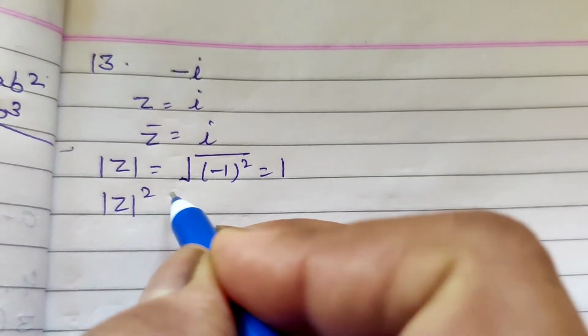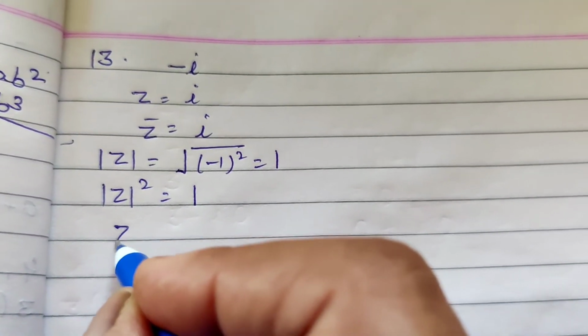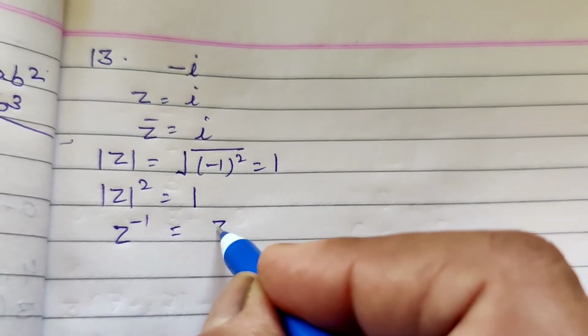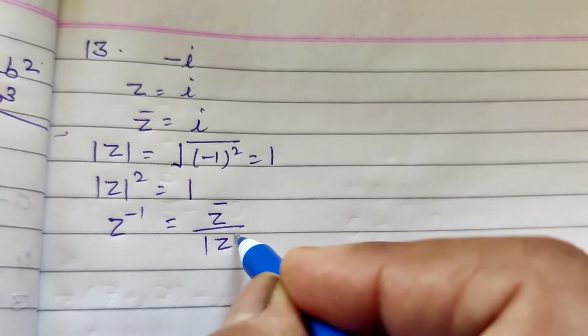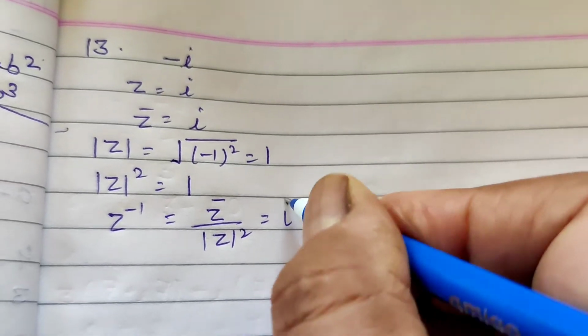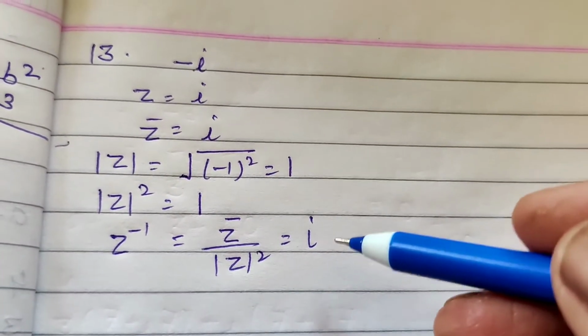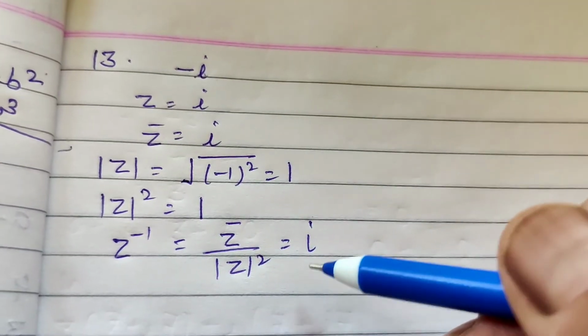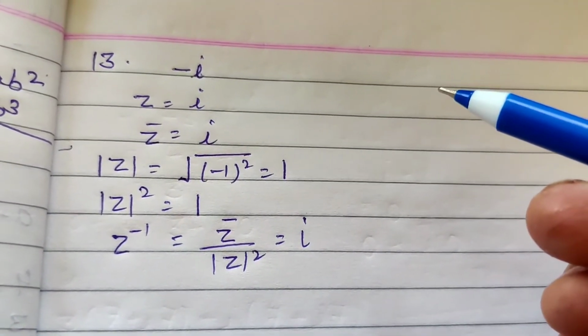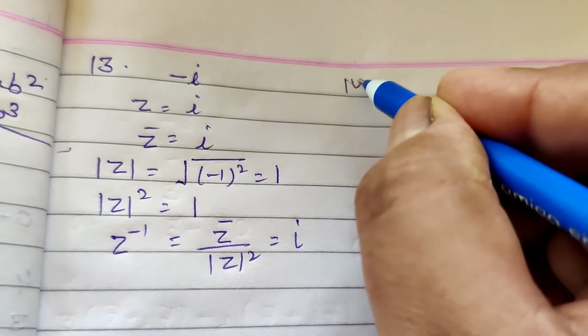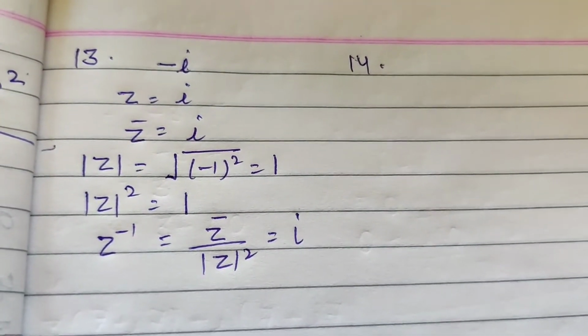The mod value square is also equal to 1. Therefore z inverse equal to z bar upon 1, it is equal to i. Simple. The inverse of minus i equals plus i. Next question number 14 and the last question of this exercise.